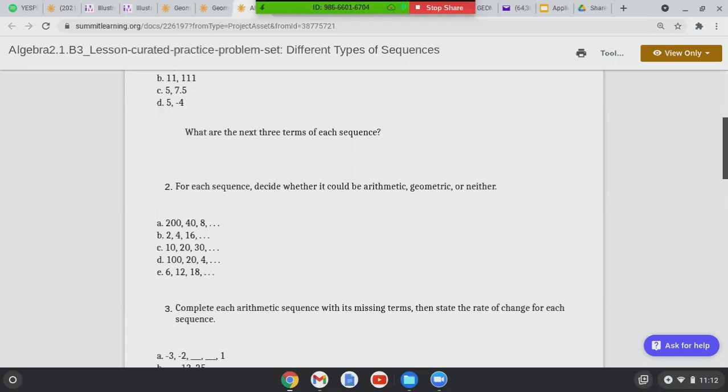All right. What about D? We started with 100. We did something, and now we only have 20. We did that same thing, and now we only have 4. First of all, what is it? Arithmetic, geometric, or neither? The G word, right? Absolutely. Can we tell what the rule is?